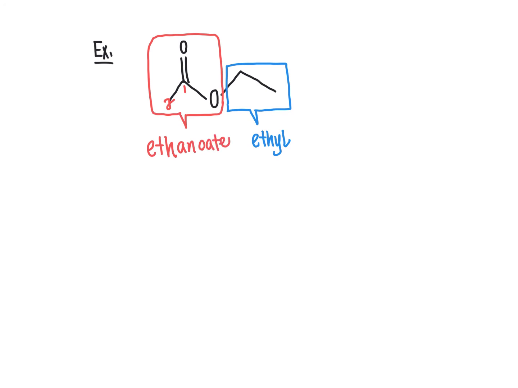So one way to name this, plugging those 2 terms together and following our template of these being alkyl alkanoates, is we could name it as ethyl ethanoate. But that term is not one that I'm super familiar with, to be honest, because the more common way of referring to an ethanoate group is to refer to it as an acetate group.